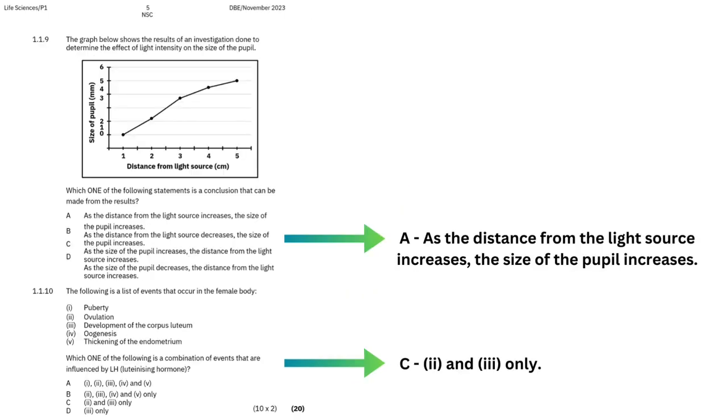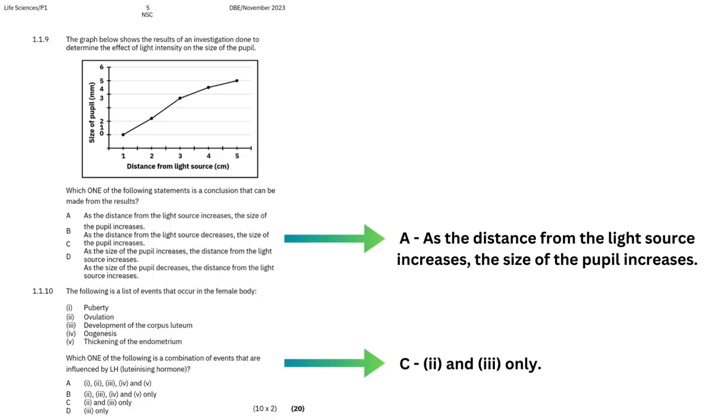Question 1.1.9. The graph below shows the results of an investigation done to determine the effect of light intensity on the size of the pupil. Which one of the following statements is a conclusion that can be made from the results? A, as the distance from the light source increases, the size of the pupil increases.